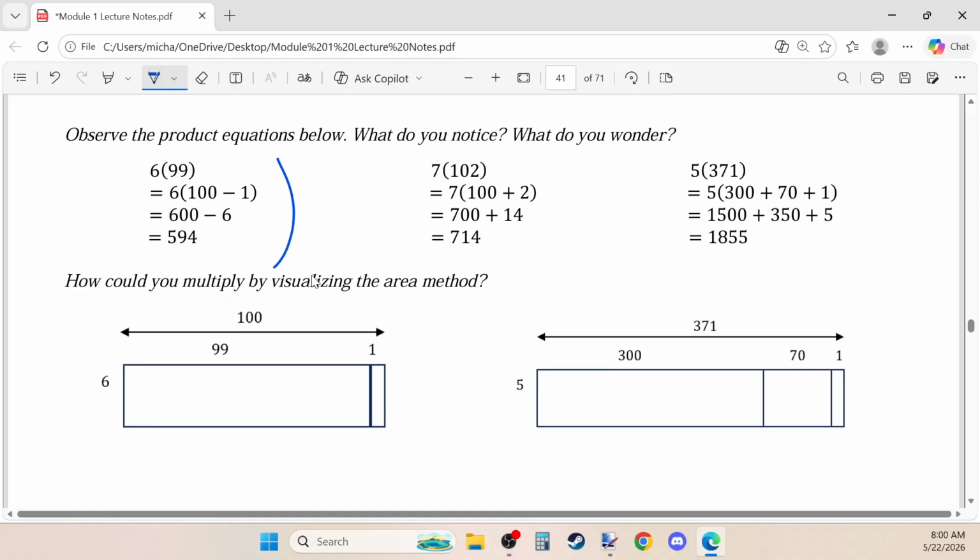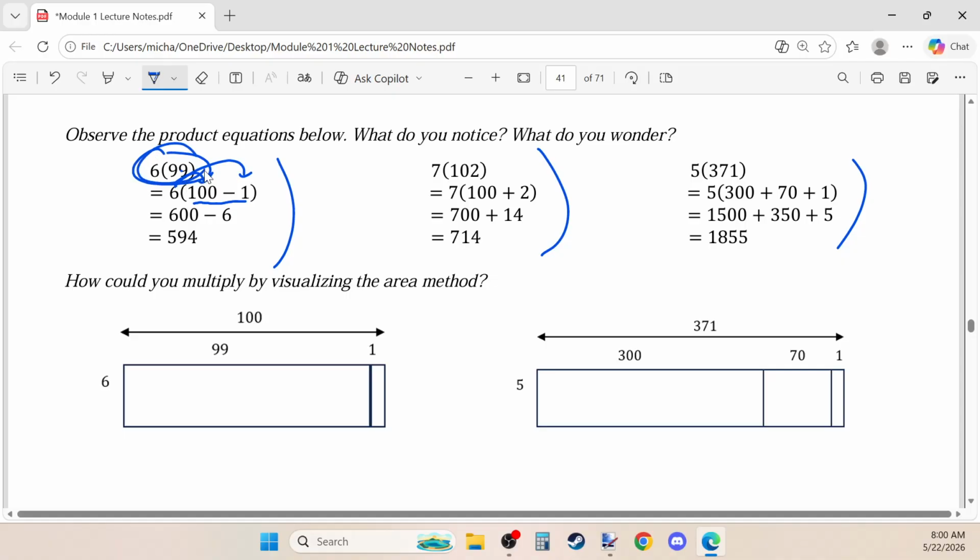So we're using the distributive property to make multiplication easier. Notice 6 times 99. 99 is just 100 minus 1. And it's easy to multiply 6 and 100, and it's easy to multiply 6 and 1.